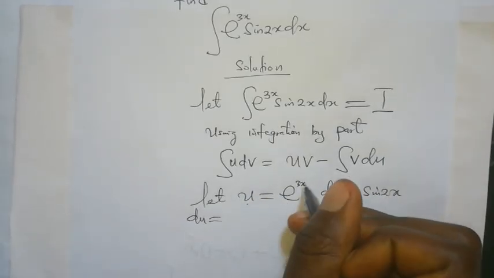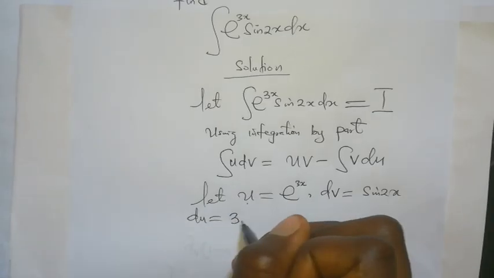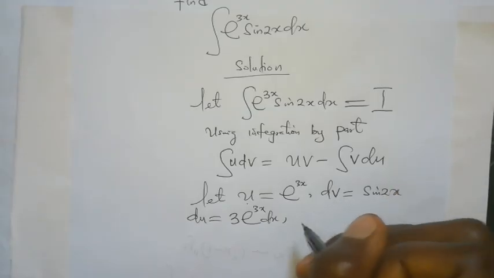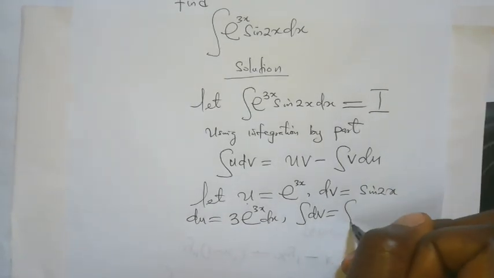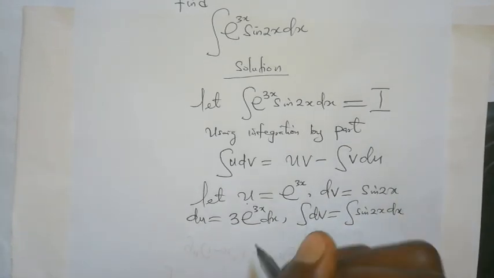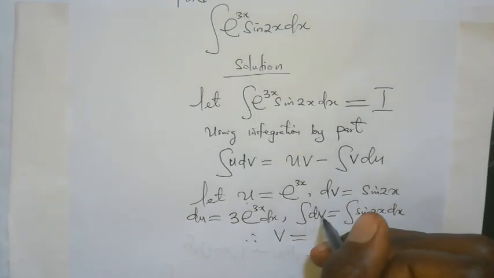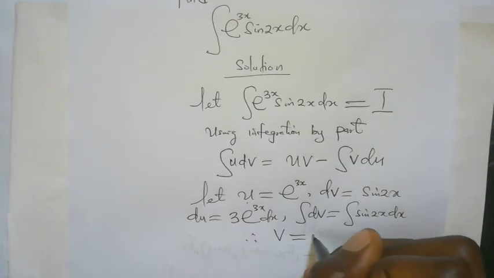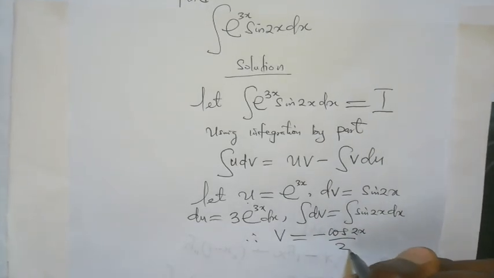We differentiate the power, bring it down, so du is going to be 3e to the power of 3x dx. Here the integral of dv is the integral of sine 2x dx. Therefore our v, the integral of dv is v, so the integral of sine 2x is going to give us minus cos 2x all over 2.